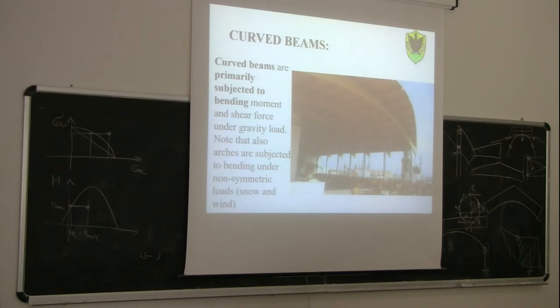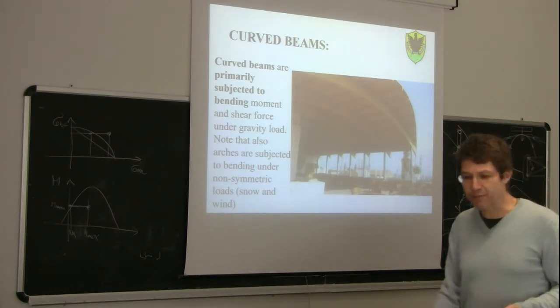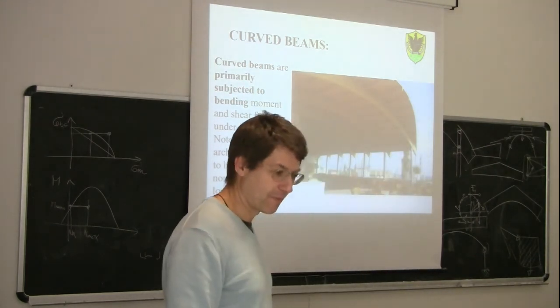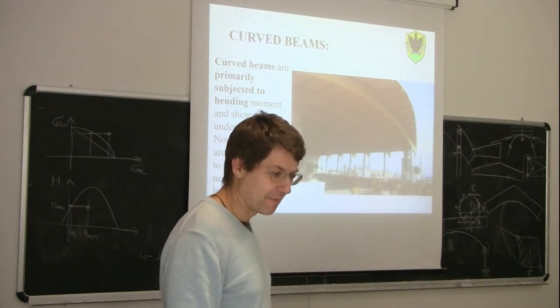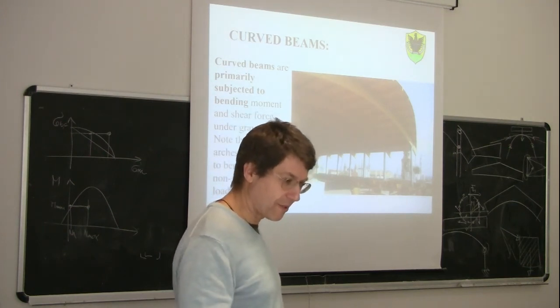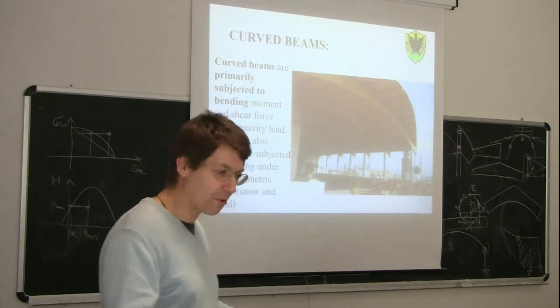So, if you remember what we said before, for an arch, what is important? The prerequisite for a curved beam to be an arch, what is it? Yes, transfer compression forces, but in order to achieve this, what do we need to have?